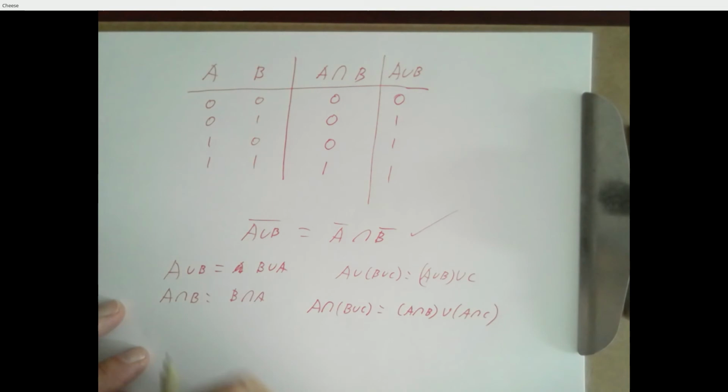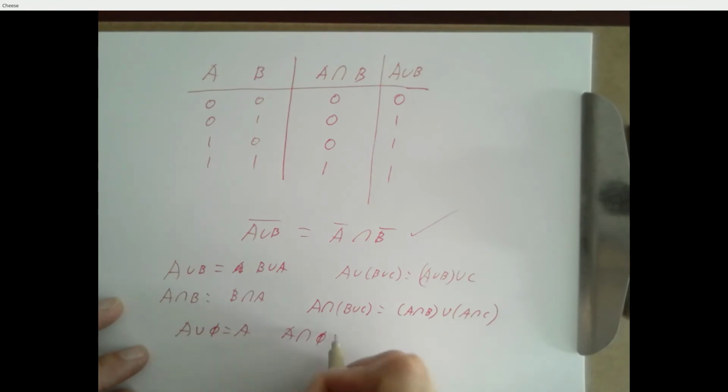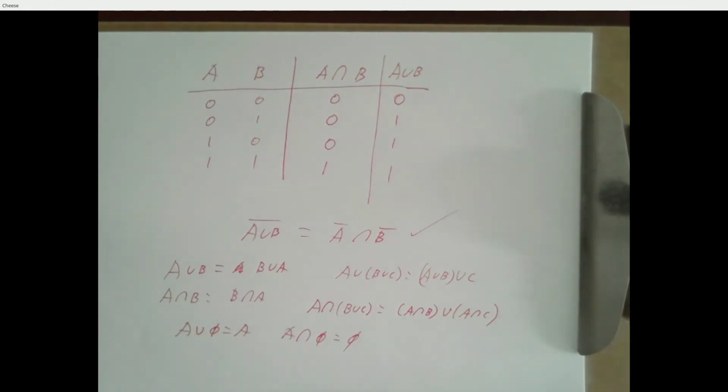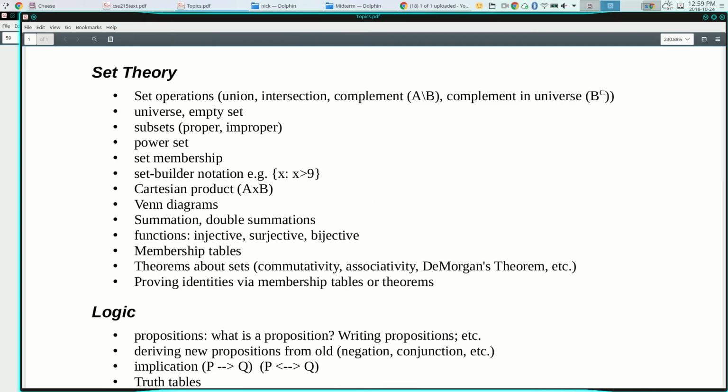Along with some of the other things like A union the empty set is A, A intersect the empty set is the empty set. A union with the universe is the universe, A intersect with the universe is A, and a whole bunch of things like that. And we can use these to prove theorems about sets in the same way that we use the Boolean equivalences to prove theorems about Boolean expressions.